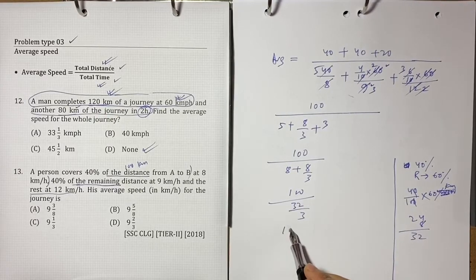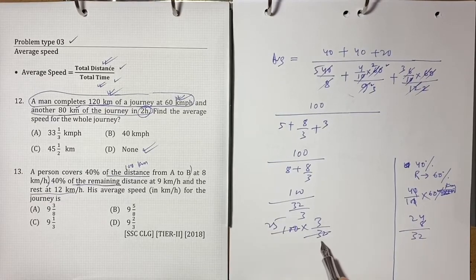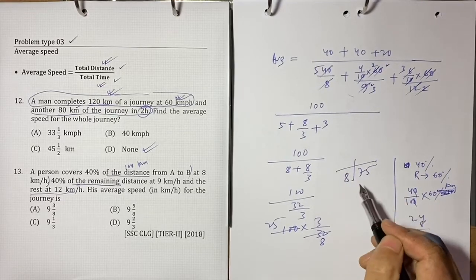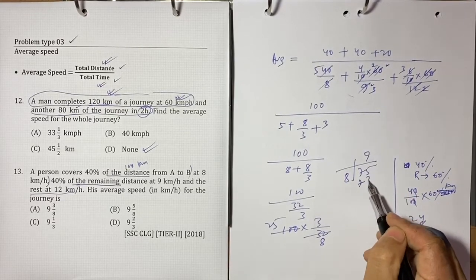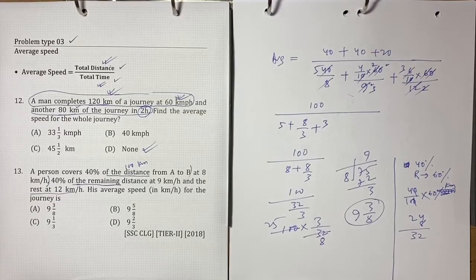So it will be 100 into 3 divided by 32, 25 into 3 will be 75 divided by 8. 8 nines are 72, remainder 3. So the answer is 9 3 by 8, 9 3/8 km per hour.